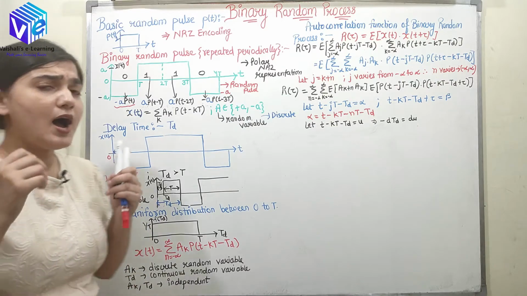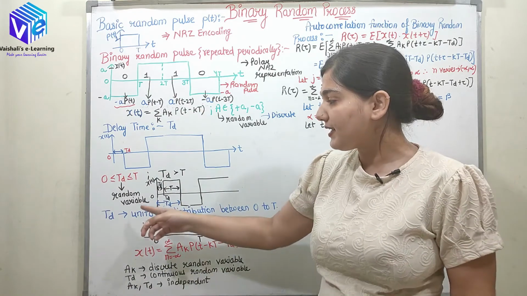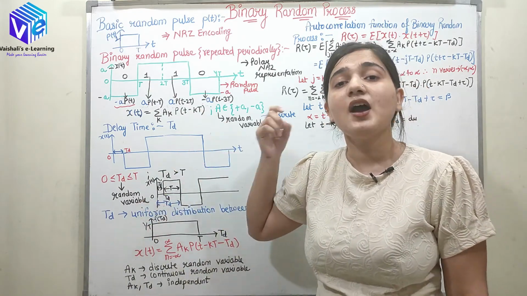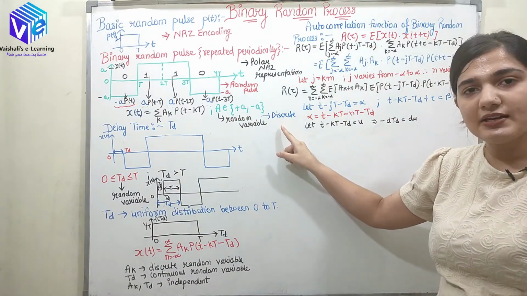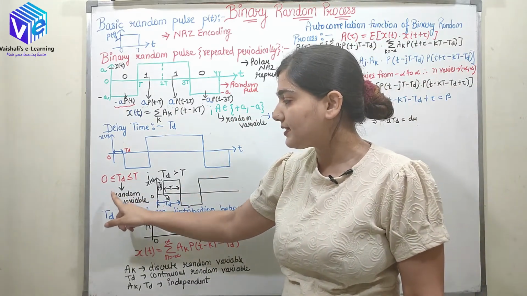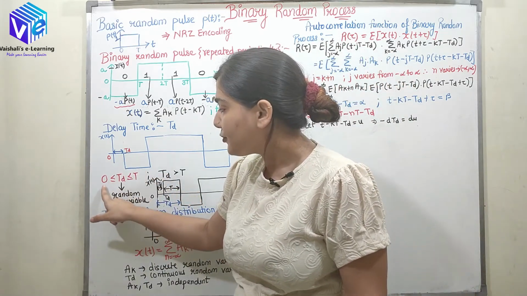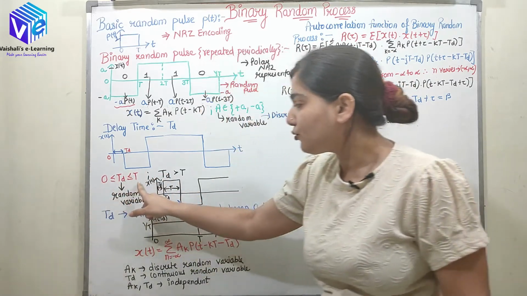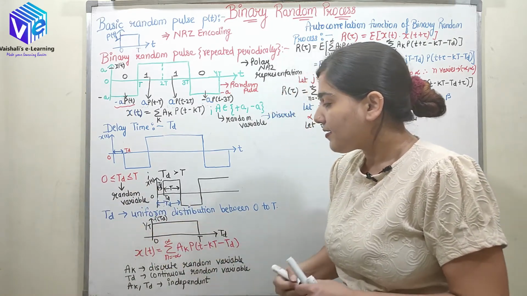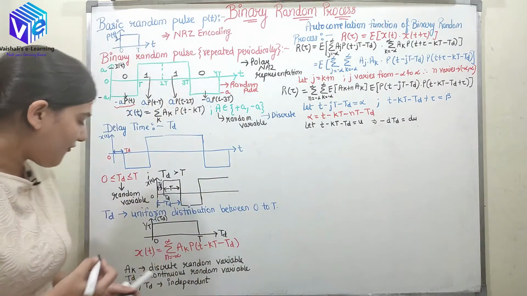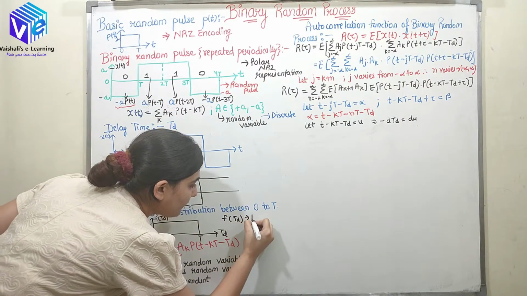Now how can I represent this TD? TD is also a random variable. TD is a continuous random variable. Here A was a discrete random variable, but TD is a continuous random variable which is uniformly distributed from 0 to capital T. If I draw the PDF, f of TD represents the PDF of TD.